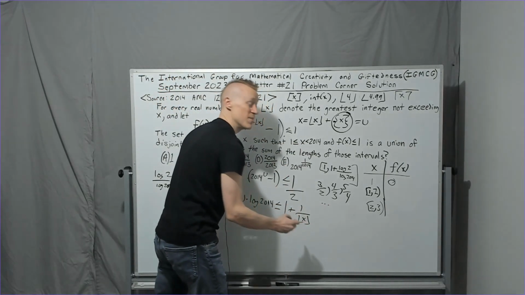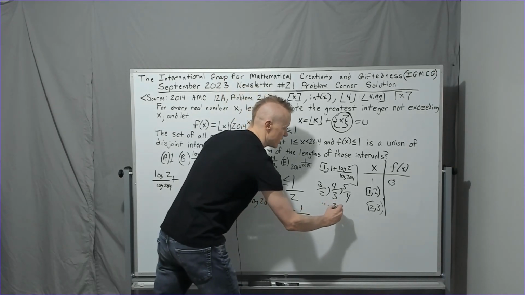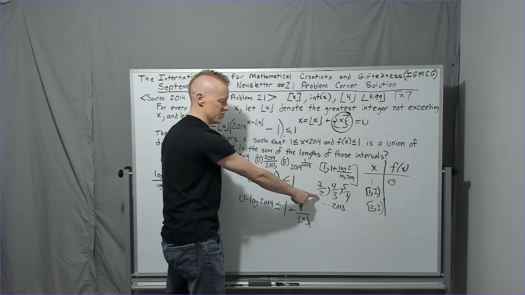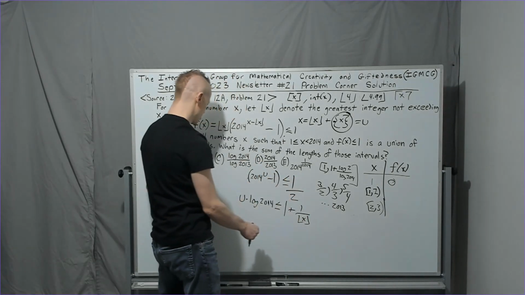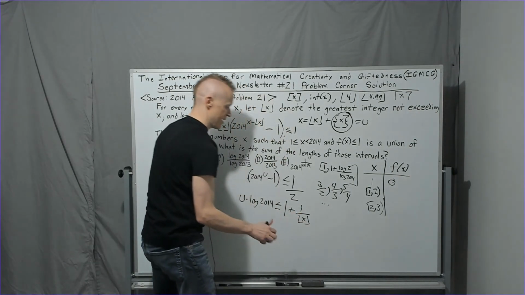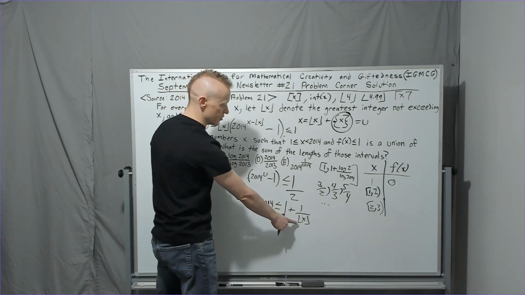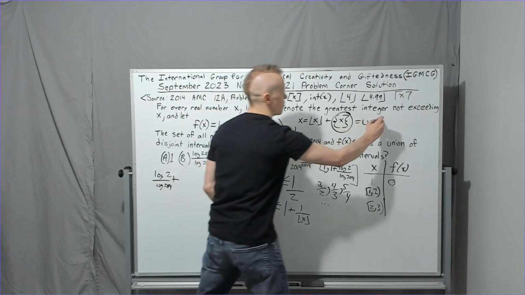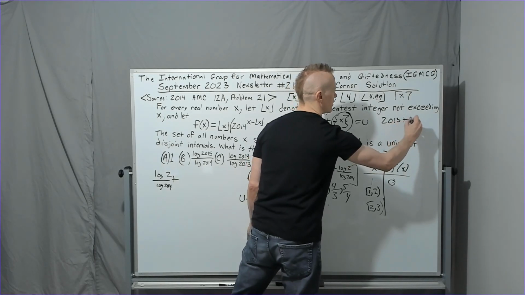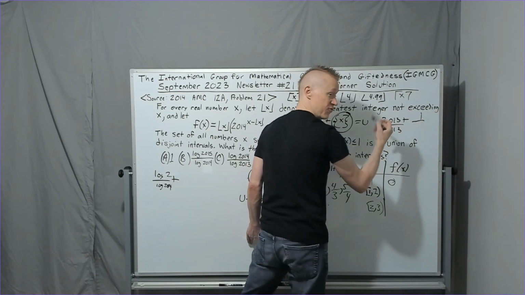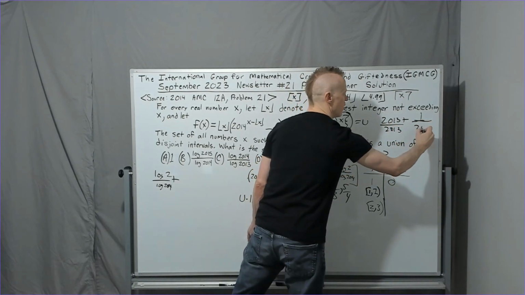That means this game is going to end at 2013. Which would it end at? When it was 2, it was 3 over 2, right? So when it's 2013, it's actually going to end at 1 over 2013. I'll just write it down. 2013 plus 1 over 2013, which is the form of 1 that we're using, all the way up to this.